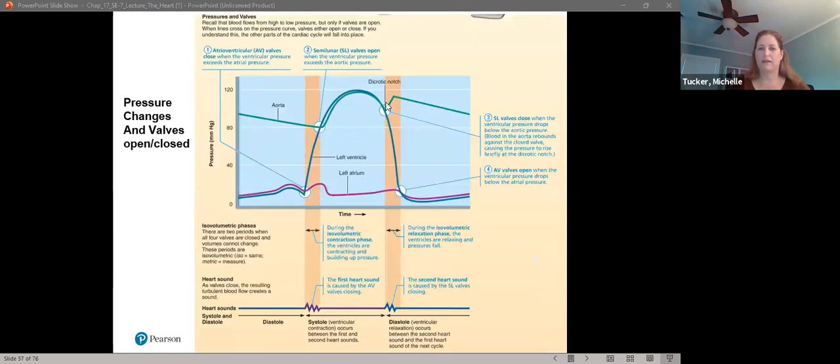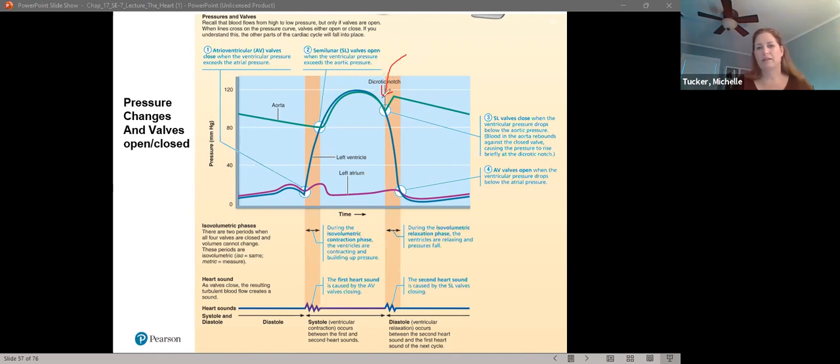The semilunar valves close here, and this dicrotic notch is caused by, I'm just going to go with the left ventricle, okay? Because the events are larger in the left ventricle. When we push blood out the aorta, it also starts to create pressure on the backside.